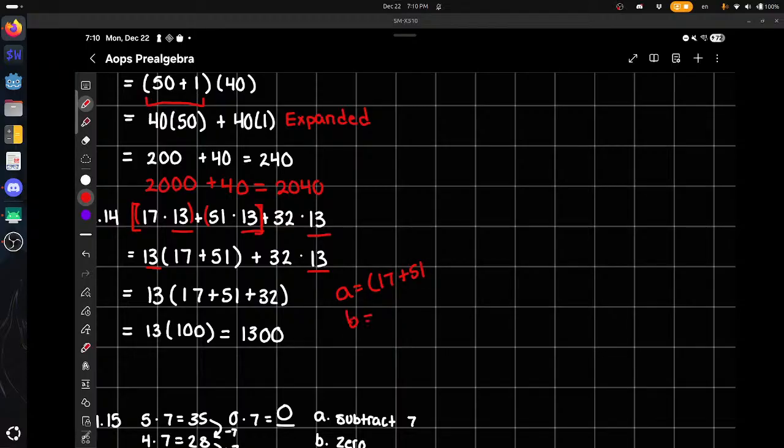This is overkill. You don't really have to do this. But if you do, you see that this is really just this. Which means that we can combine these common factors and we get 13 times a plus b. And then we can expand those variables to be 17 plus 51 plus 32. And we can see how we get the same result.